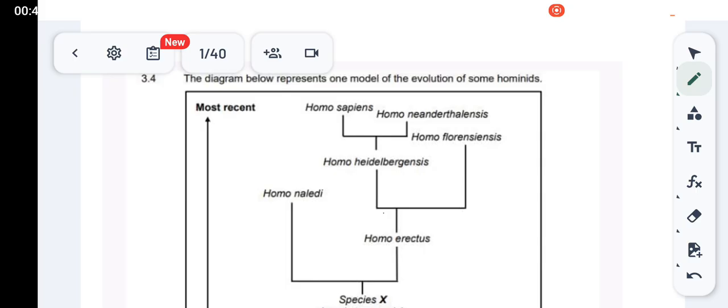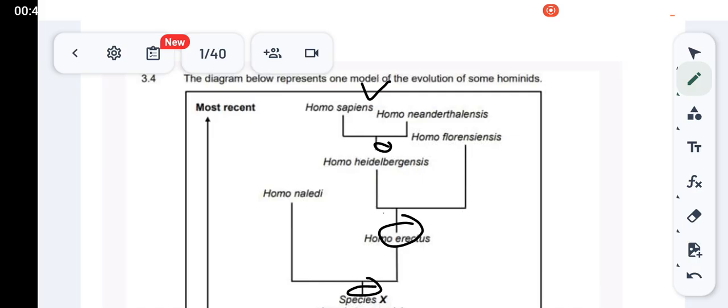The roots here and here and also there, those roots represent the ancestors. And then here, the tips of the lines, as you can see, we've got Homo sapiens.